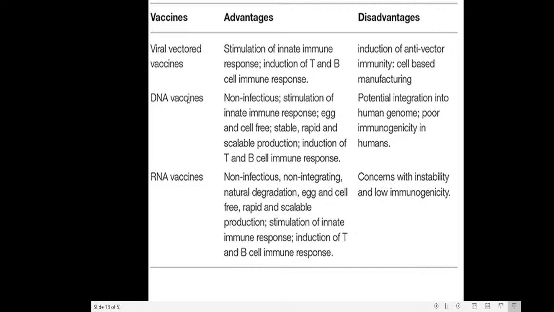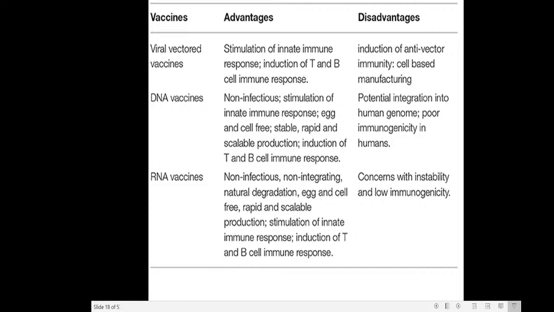The DNA vaccine is non-infectious, and it stimulates innate immunity. It is also egg and cell free. There is no egg now; directly they are adding the DNA, and it gives stable, rapid, scalable production, because that DNA is incorporated in the human cell, which is able to produce it.